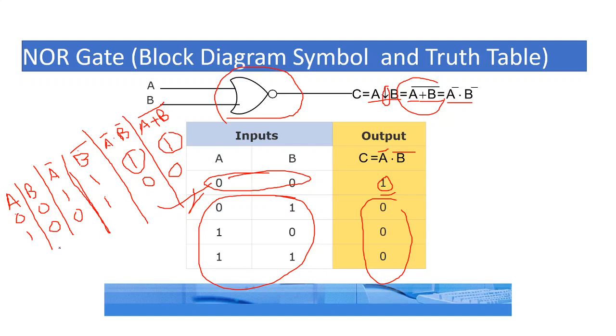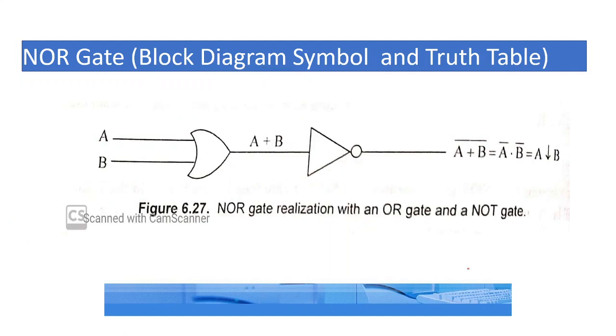Similarly, you can try other inputs like A is equal to 1 and B is equal to 1, and A is equal to 0 and B is equal to 1. You can definitely get the same result as shown in the truth table. So this one is the realization of NOR gate with the help of OR gate and NOT gate.